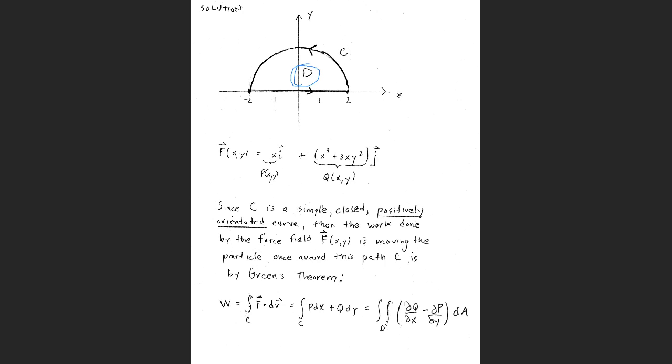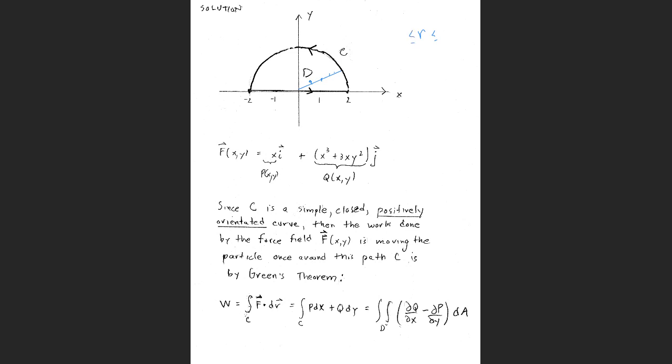Okay, what would theta be, by the way, for this region D? The radius values in region D go all the way from what?